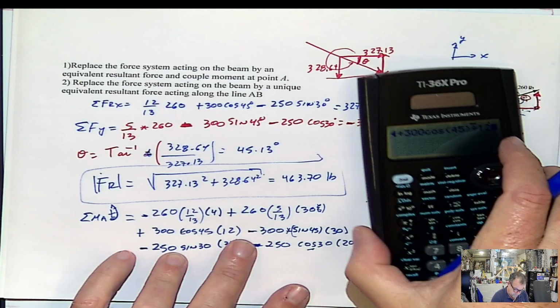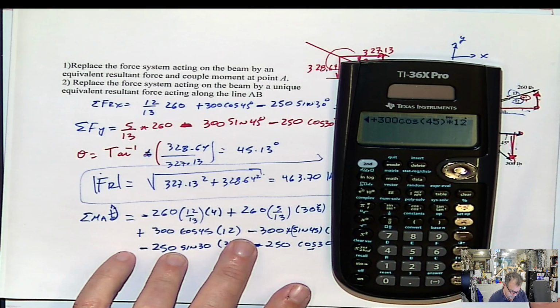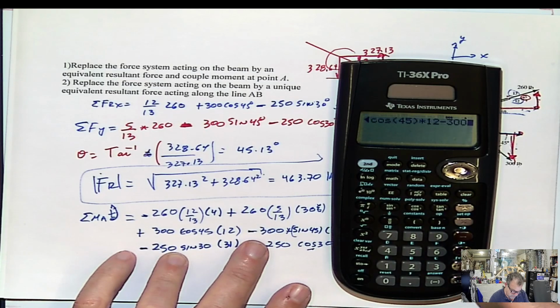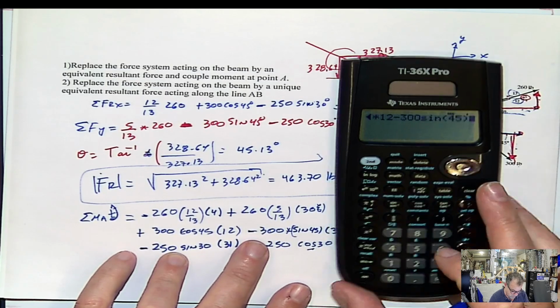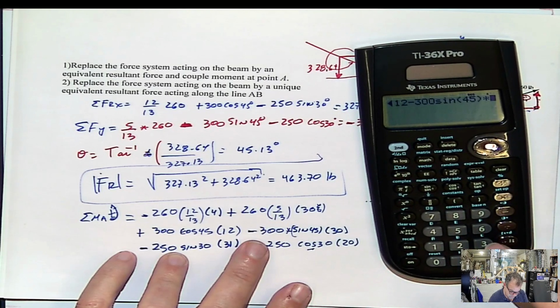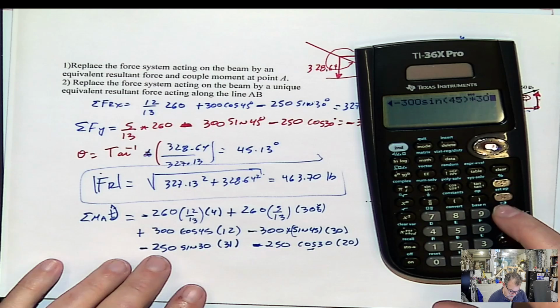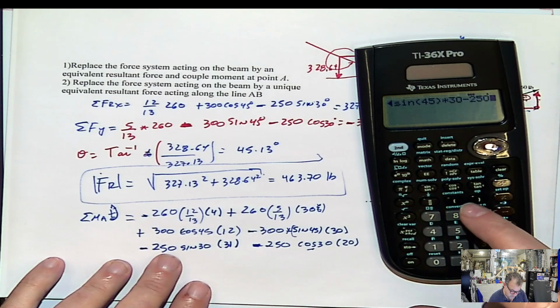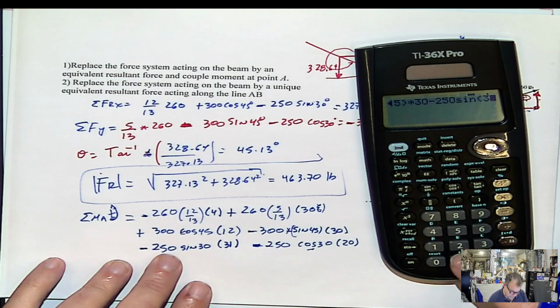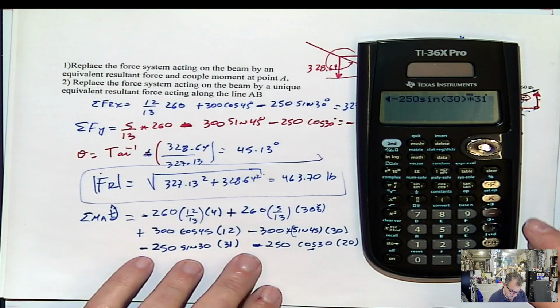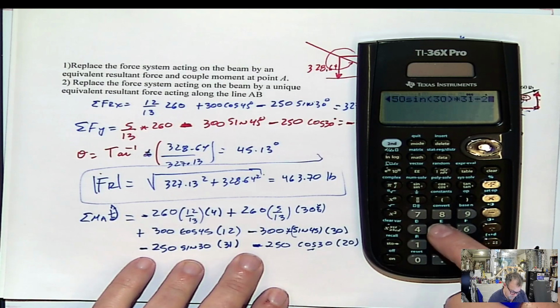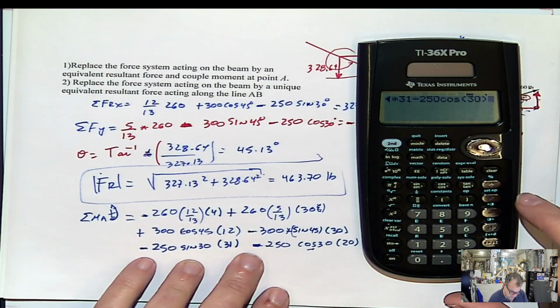Minus 300 sine 45 times 30 minus 250 sine 30 close parentheses times 31 minus 250 cosine 30 close parentheses times 20.